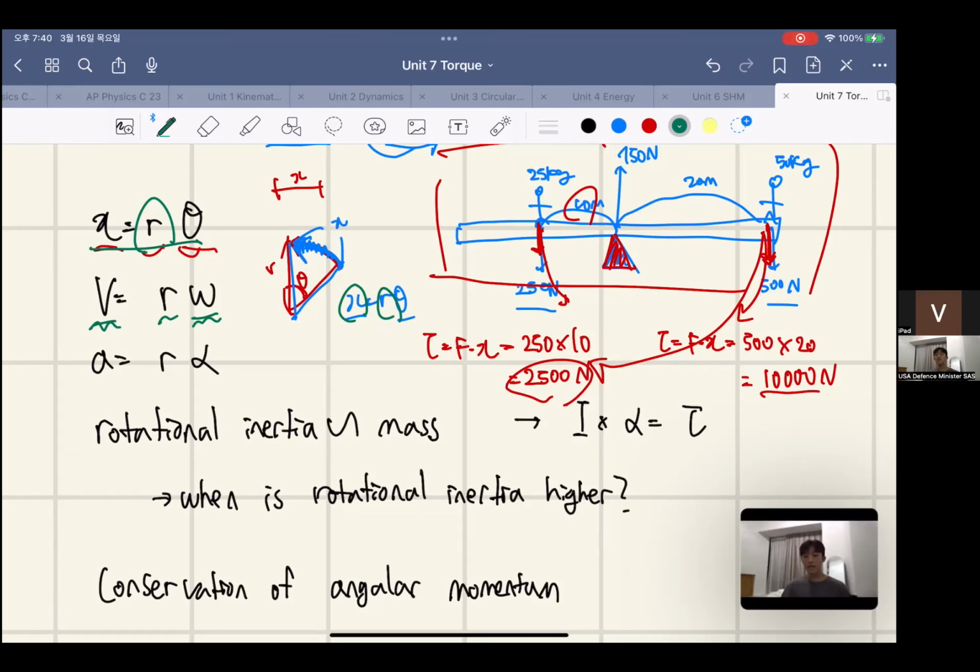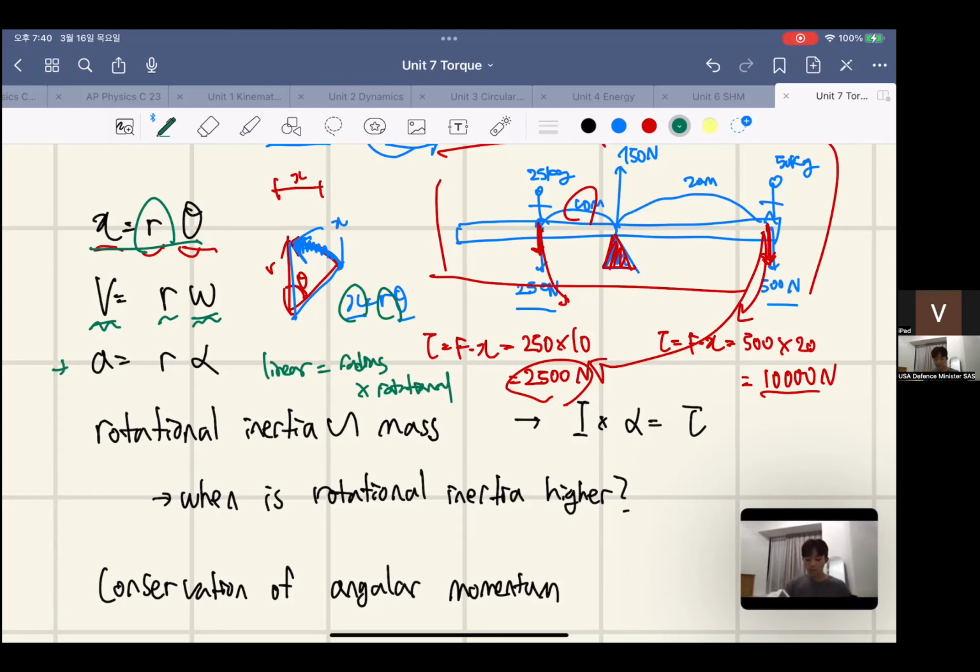And again, with the same logic, you can make the next equation, which is a, the linear acceleration, is equal to r times alpha, where alpha means the angular acceleration. So always think of it this way. Linear equals radius times rotational. Linear distance equals radius times rotational distance. When you say rotational distance, it means literally angle, because how much distance you rotated is literally the angle.